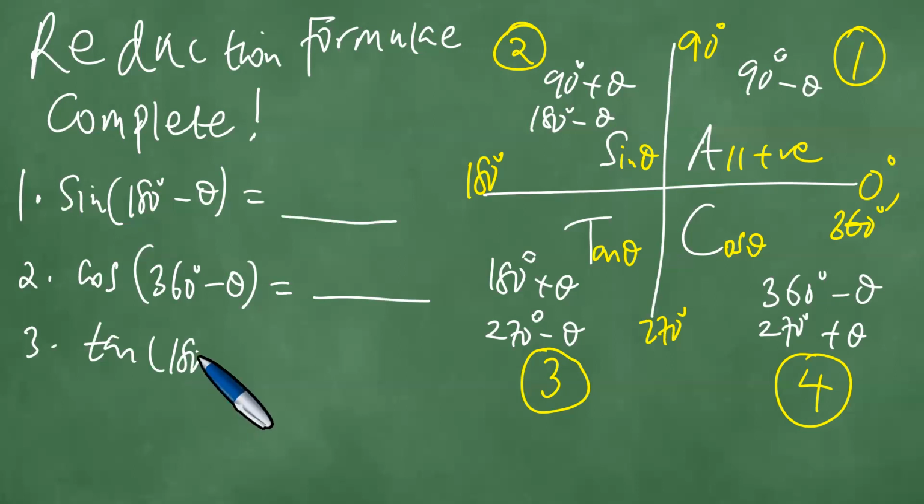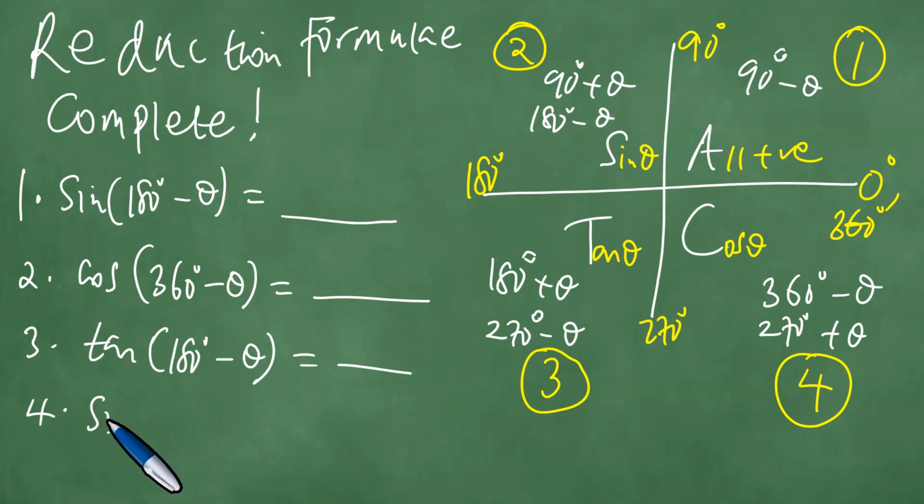Number 3, the tangent of 180 degrees minus theta. Number 4, the sine of 90 degrees minus theta.